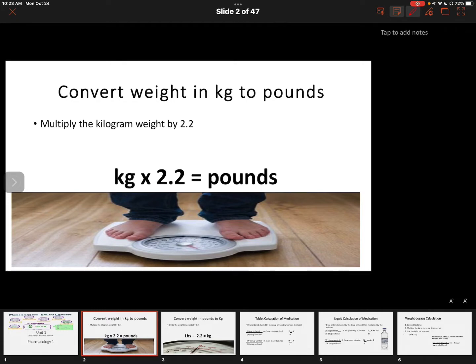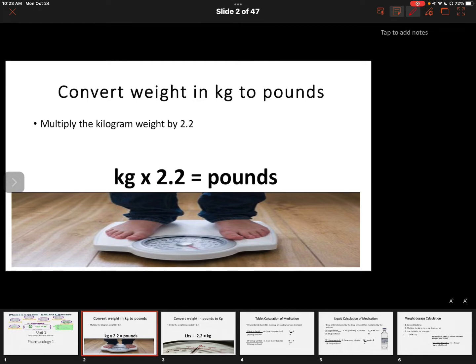A little hint here is that whenever you work these problems out, keep in mind that the number in kilograms is always going to be smaller compared to your answer in pounds.